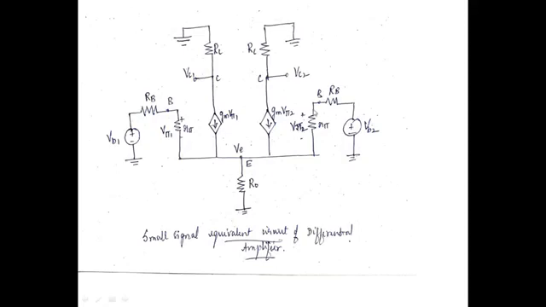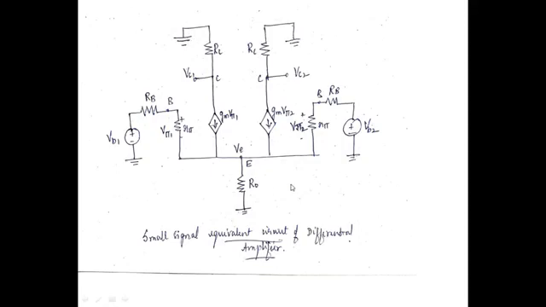Between the Q2 base and emitter, it's replaced by the resistor R pi with V pi 2. From the collector to emitter terminals, we have current sources Gm V pi 1 and Gm V pi 2, and we take the output across the collector terminals. The voltage at collector 1 is Vc1, and the voltage at collector 2 is Vc2, and the other end of both collector resistors is grounded.